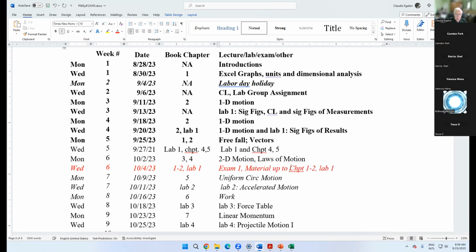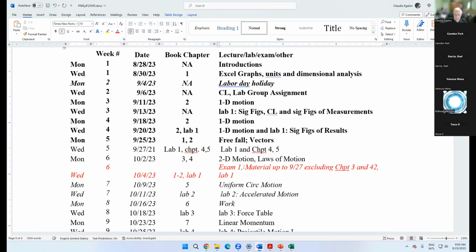Material up to 2.7, excluding 3 and 4, like that.